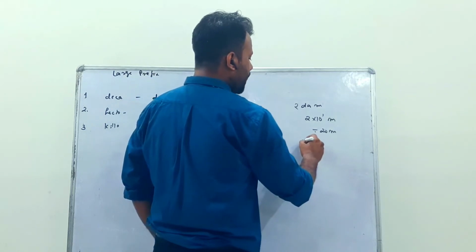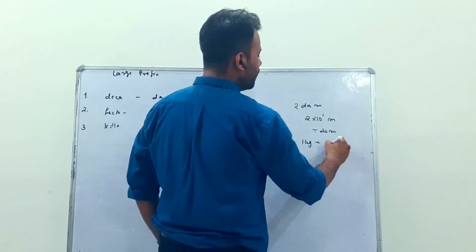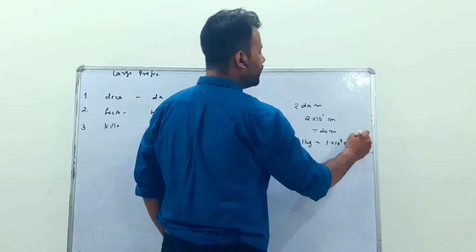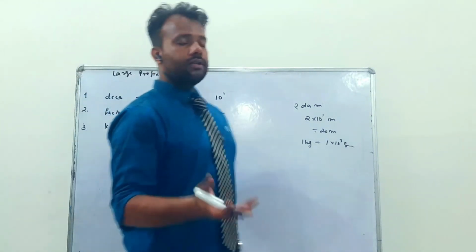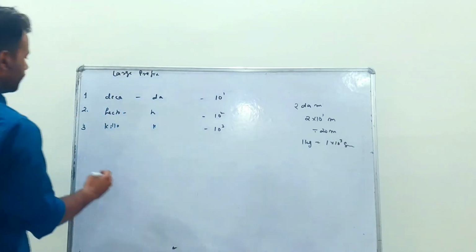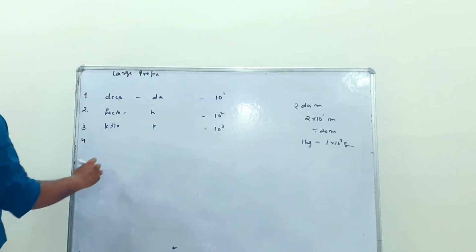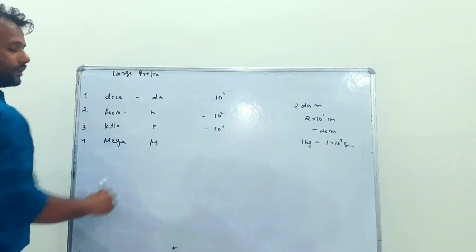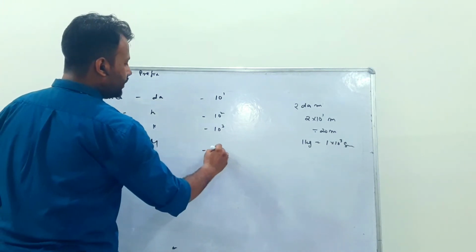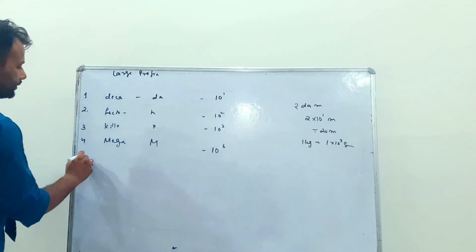So when we say 1 kilogram, it means 1 into 10 to the power 3 grams. Or kilometer, 1 kilometer is 10 to the power 3 meters. Then we have mega, that is M, 10 to the power 6.